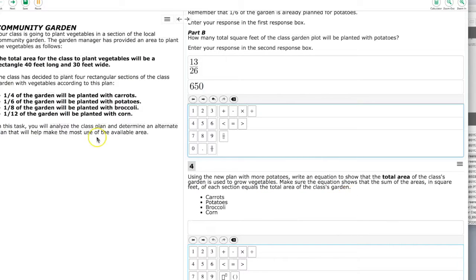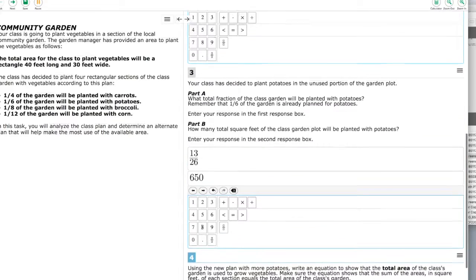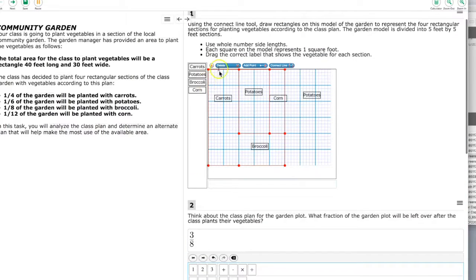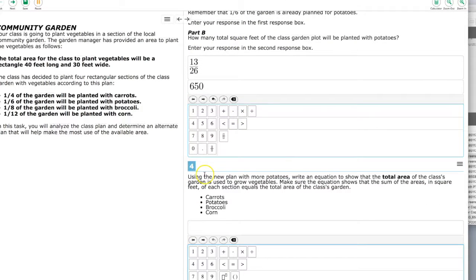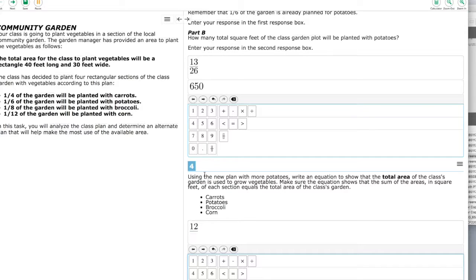And remember, we said that the total area of the whole garden was 1,200 square feet. Okay, so what do we have? We figured out that the carrots were 2, 4, 6, 8, 10, 12. 12 of 48, because there was 48 square 5 by 5 foot squares.